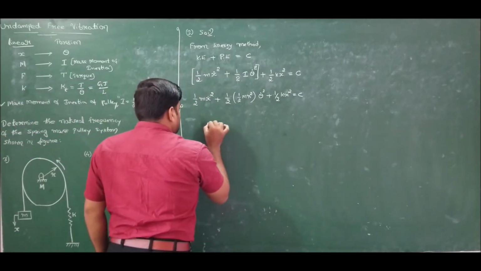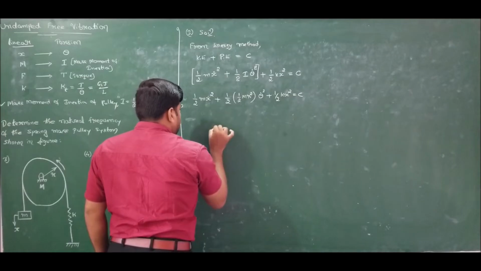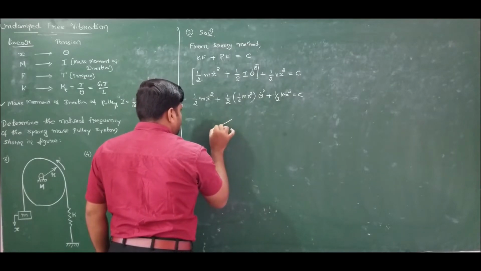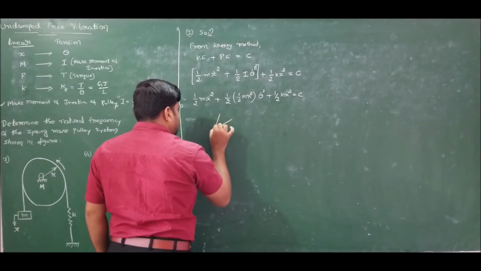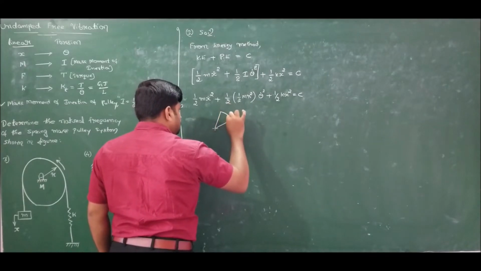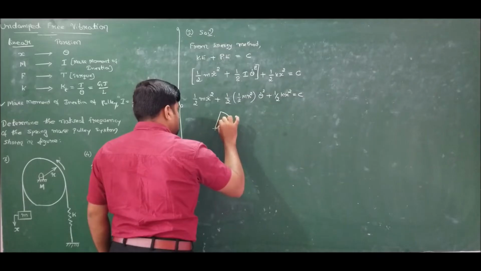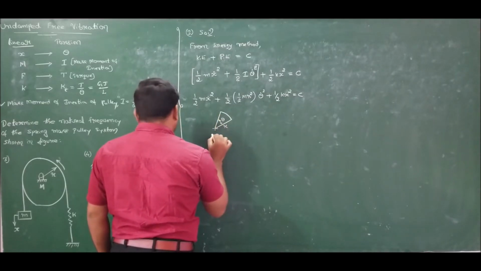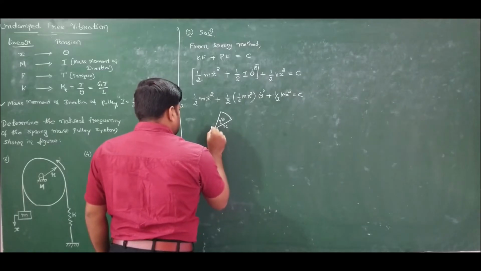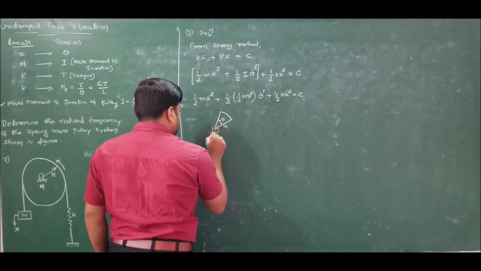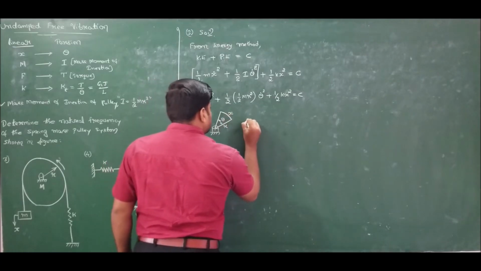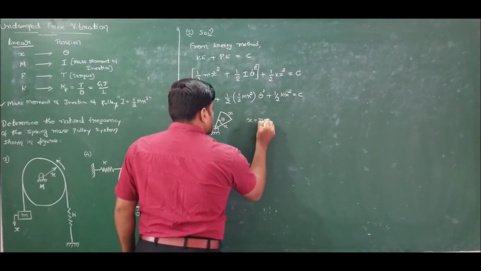If the pulley deflects by an amount theta, having the radius r, now what is the value of x? So x is equal to r theta.